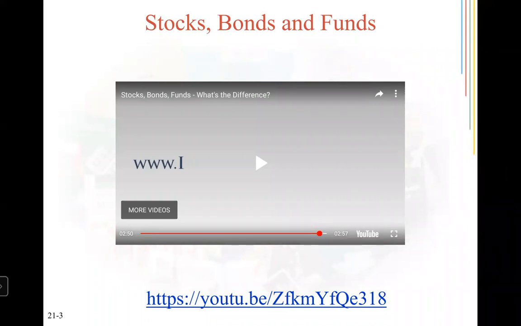So which one do you actually own a part of the company, and which one is it that you're lending the company funds to get back interest on your loan? Stocks is owning a part of it, and bonds is where you're lending. Okay, all right. So that's the difference between the two. And then of course the funds could be composed of stocks or bonds or both. Okay, so that's the main difference.